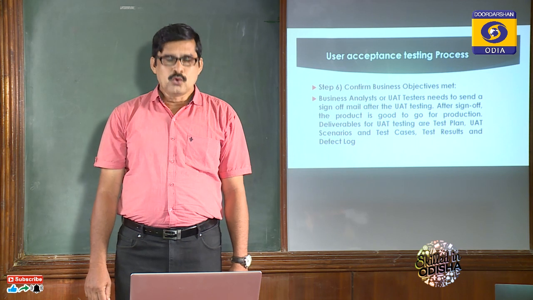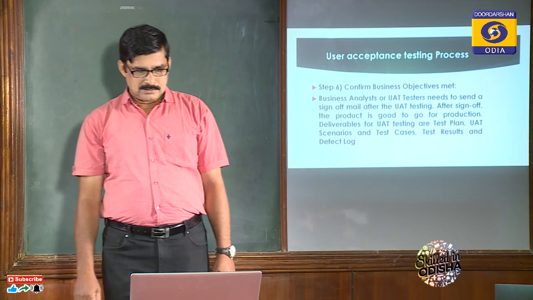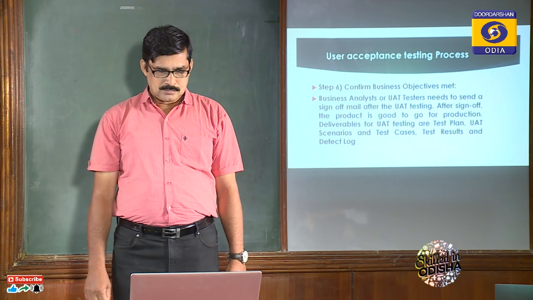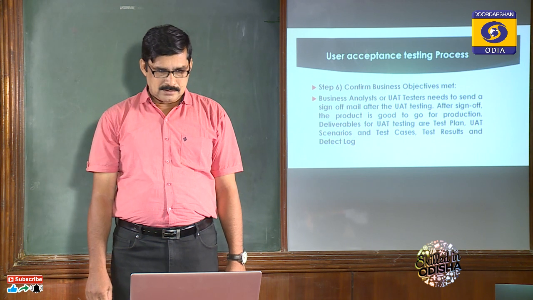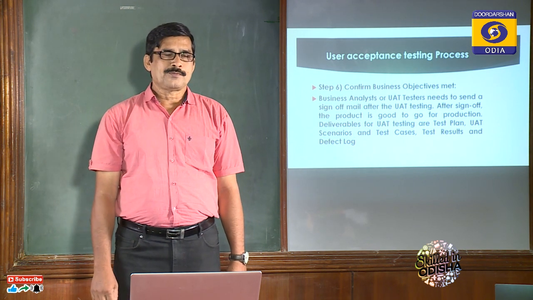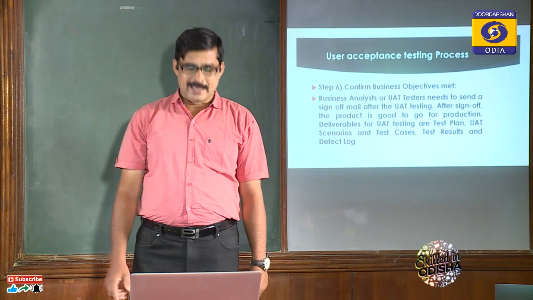So who is going to confirm? Business analysts, who are the actual UAT testers, will confirm that everything is okay and give a mail after the UAT testing. Then we can go for production of the software.